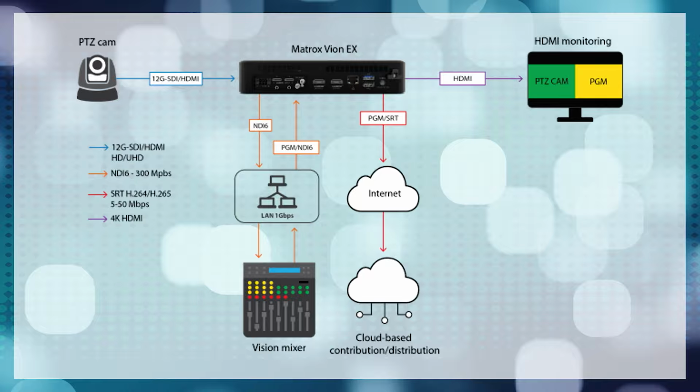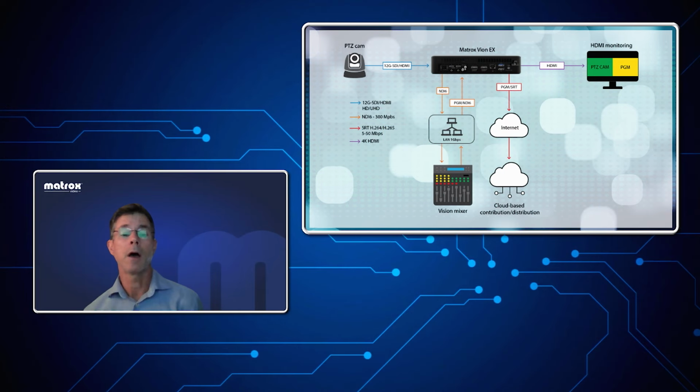monitoring and display solutions as well, but also to take that content across a facility or even over the open internet to another facility, and it doesn't have to be open internet. It could be dedicated links as well.